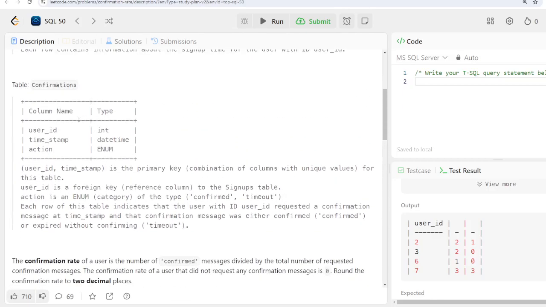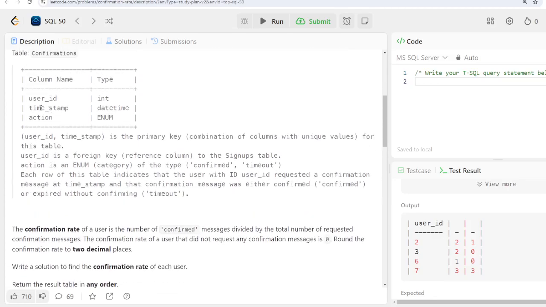Then we have another table, that is confirmations table, where we have three columns, that is user ID, timestamp and action. User ID is of the data type integer, timestamp is of the data type date time, and action is of the data type enum. User ID and timestamp is the primary key combination of columns with unique values for this table.